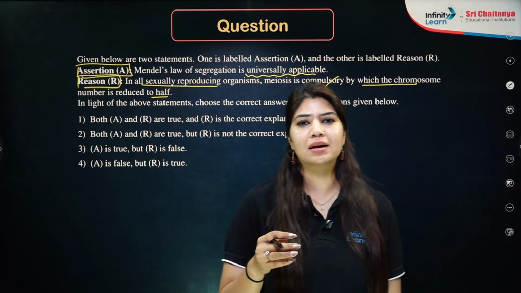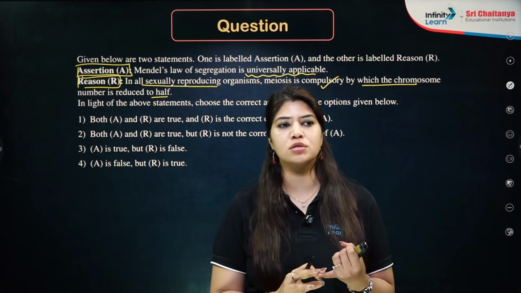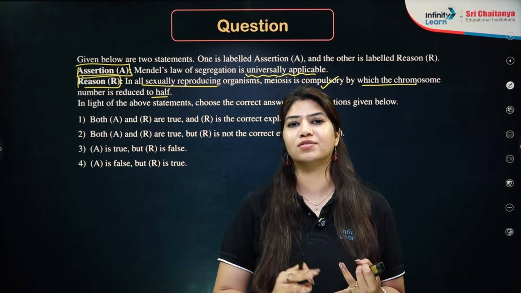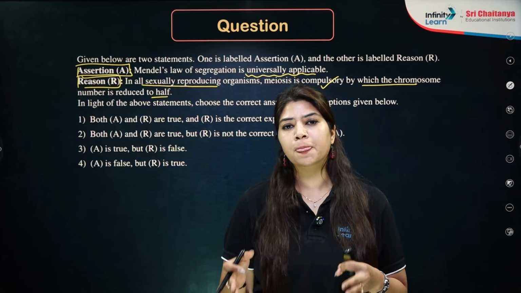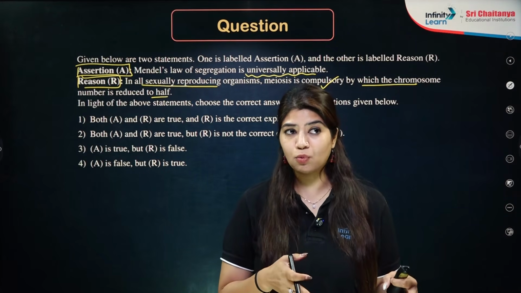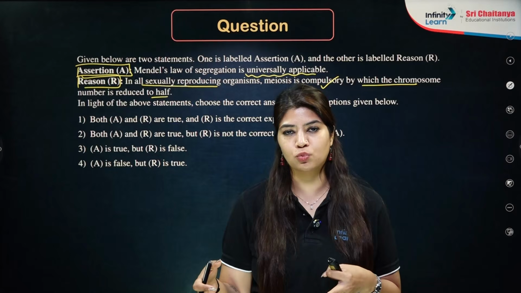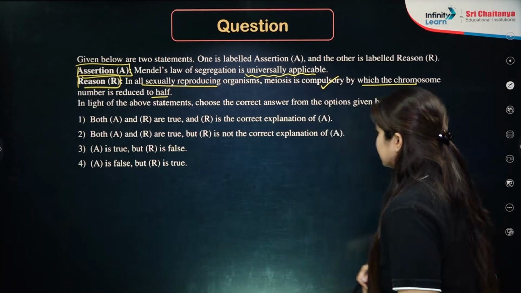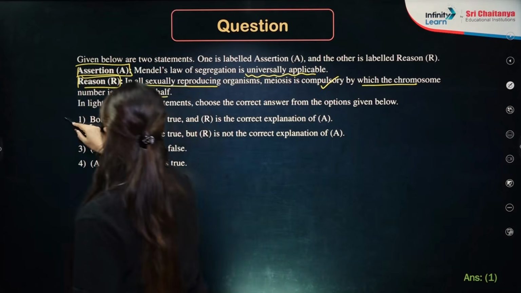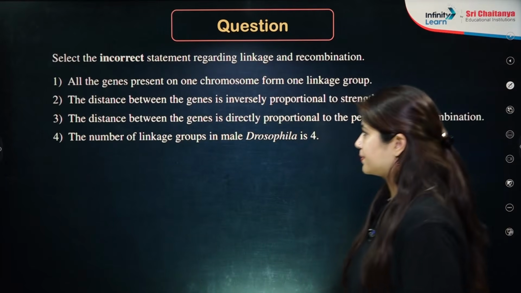Mendel gave us 3 laws: first the law of dominance, then the law of segregation, then independent assortment. Out of these 3, only the law of segregation is worldwide accepted, a universal law so far. So both statements are perfectly correct, and this is the correct explanation also. Answer is option number 1.